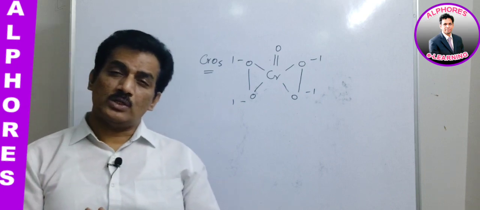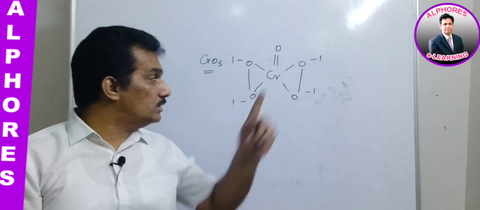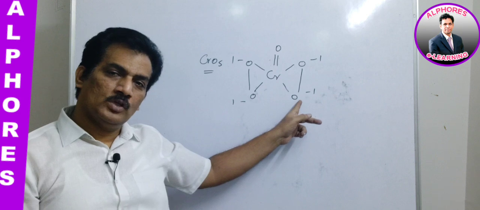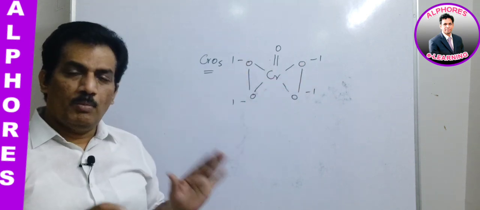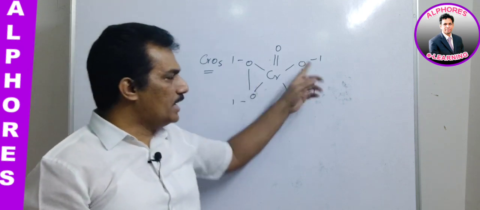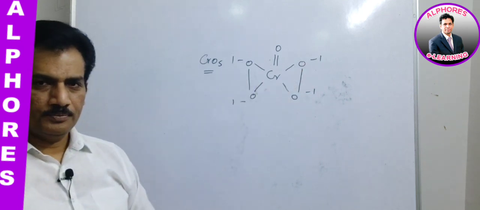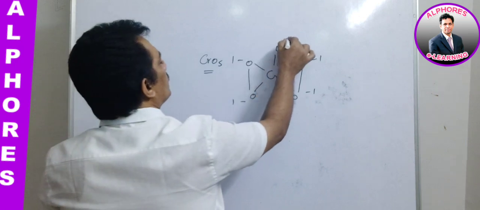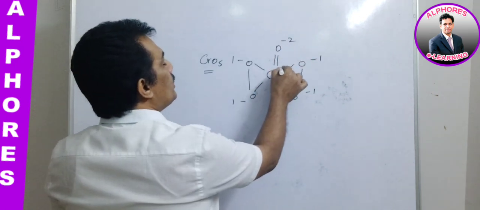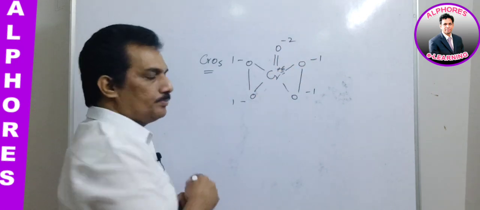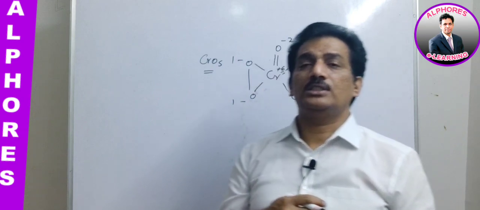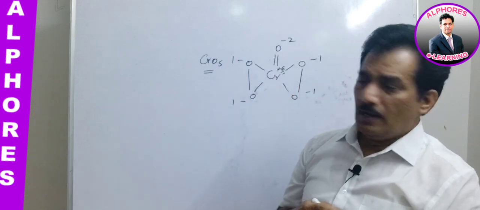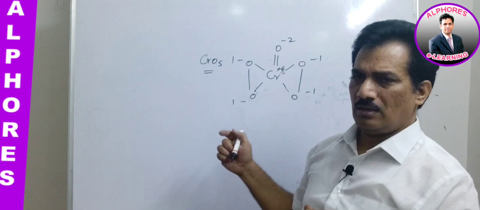It is O2 2-, O2 is oxygen with a single bond like this. So 4 oxygen atoms are peroxides, and hence all these 4 have -1 oxidation state, and 1 oxygen has -2. Totally chromium is in the +6 oxidation state. Remember, chromium has the maximum oxidation state of +6 only, and the structure is like this.